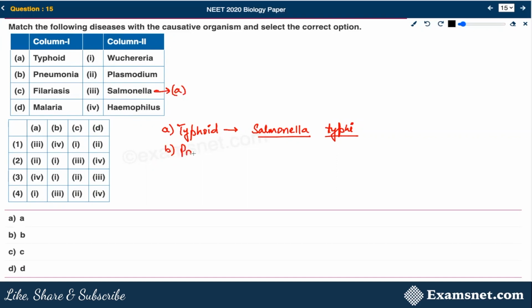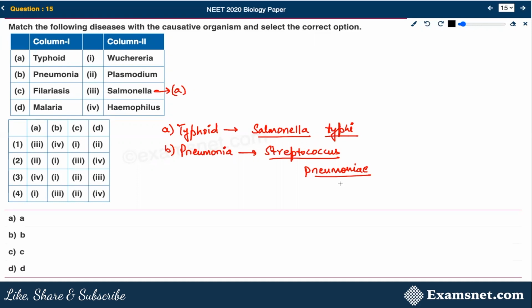Now, pneumonia is caused by the genus which is called as Streptococcus pneumoniae. So this is Streptococcus pneumoniae. This is the case. Clear? Streptococcus pneumoniae also, and Haemophilus influenzae also. Basically, there are two species actually.